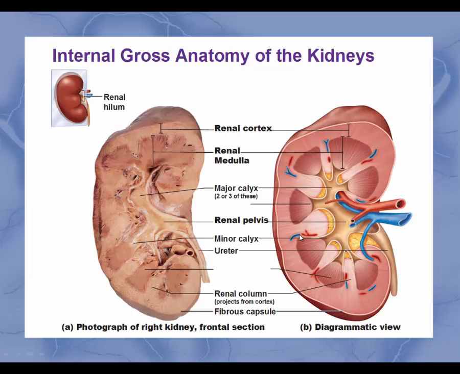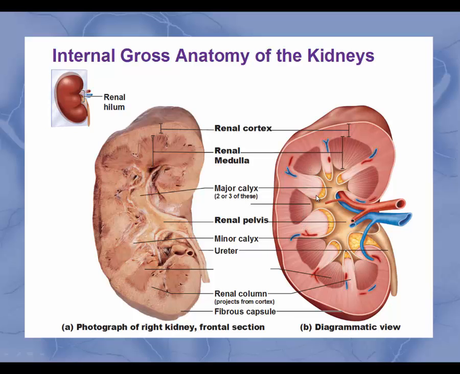Of course, a drawing of one. Here's a real one. Cortex here, then the medulla in here. And these projections that go down here and here are the columns. The triangular shaped basin-looking things are the pyramids. Here, here, here, here.